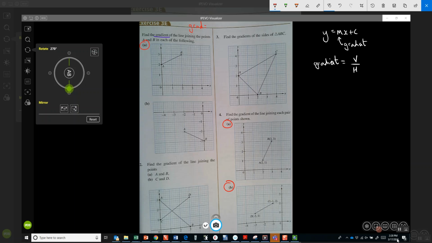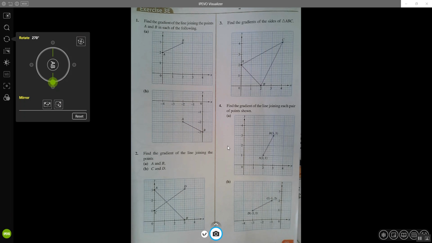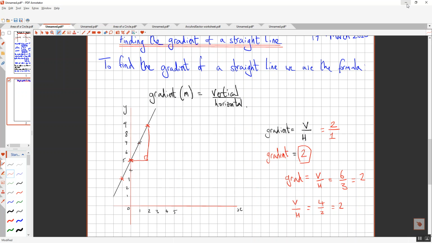Let me just give you a copy of that and then we can have a go. So 1A, 4A, 4B, okay? And doing the working just like what we've done here, gradient equals vertical over horizontal for each one, and drawing in the triangle for each sheet. And I'll put that sheet on to the Team.